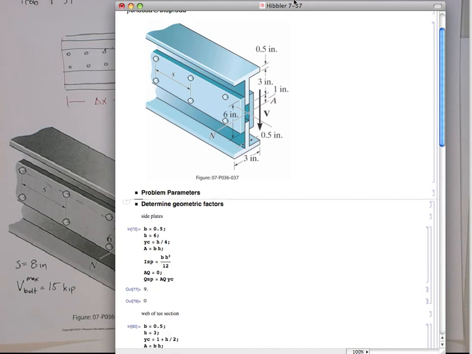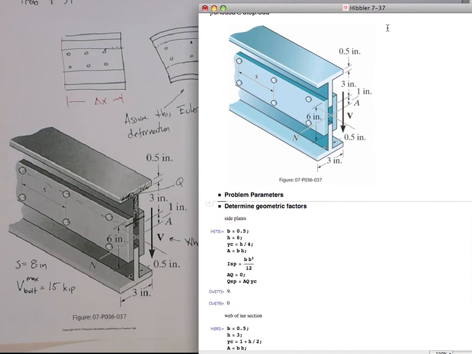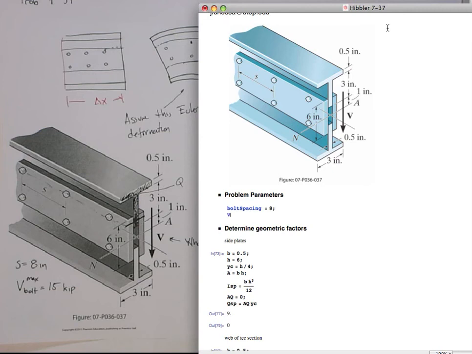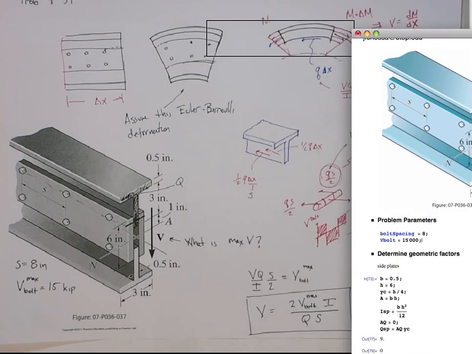And so the problem parameters we have to deal with here are going to be the bolt spacing. That's 8. The V of the bolt, that's the V max of the bolt. That's 15,000. Let's keep it all in pounds so I don't have to deal with units. Also, I think that's it, right? Yeah, that's it.